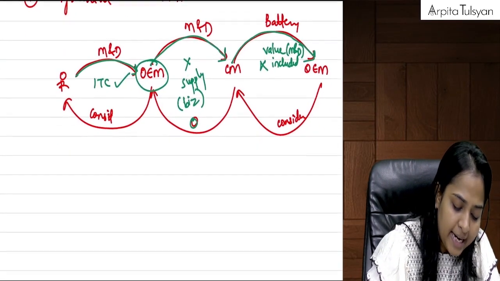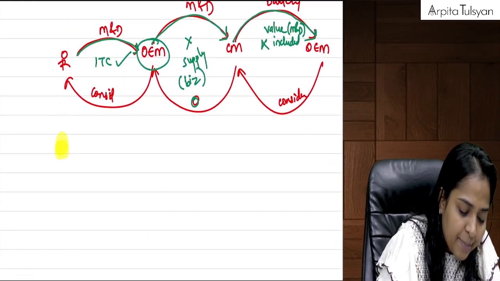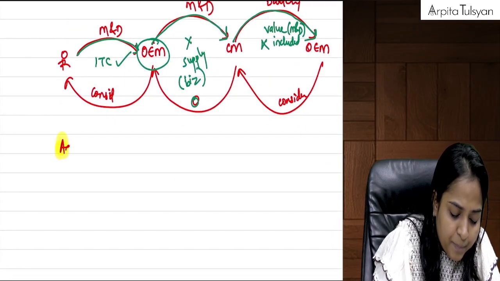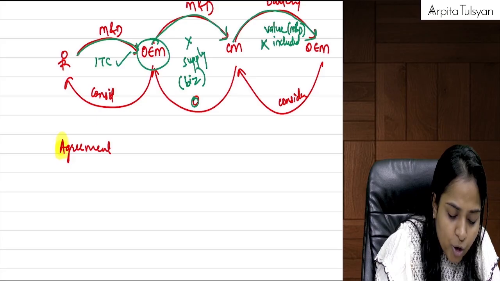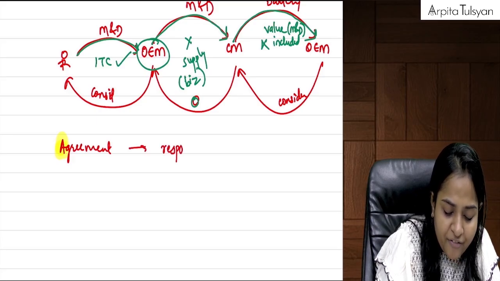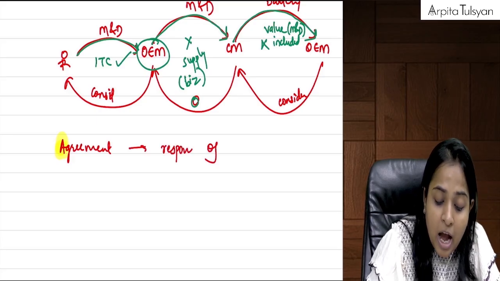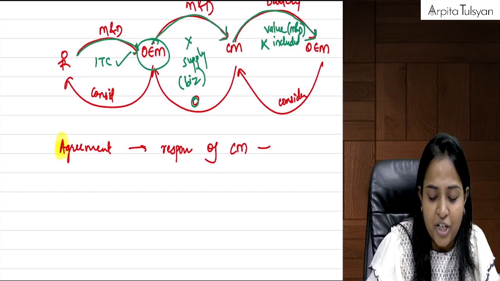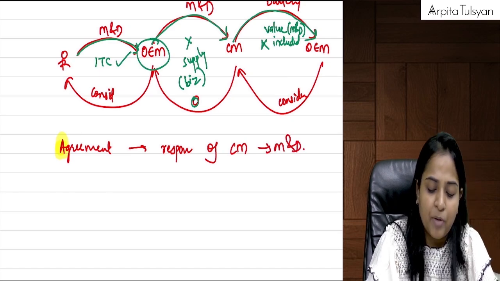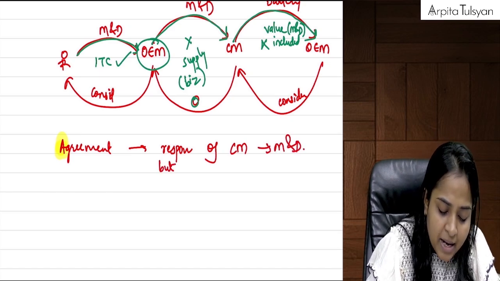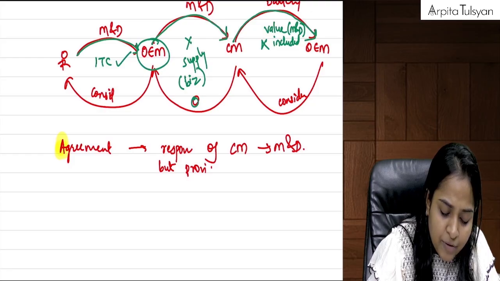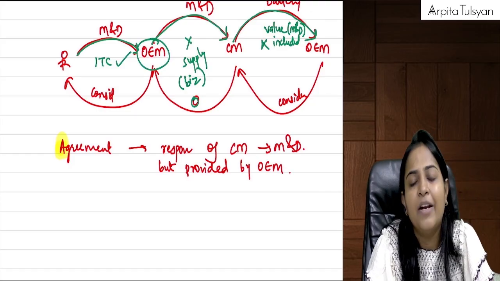Okay, next one. If as per the agreement it was the responsibility of the component manufacturer to provide the molds and dies, but it was provided by the original equipment manufacturer, then what will happen?